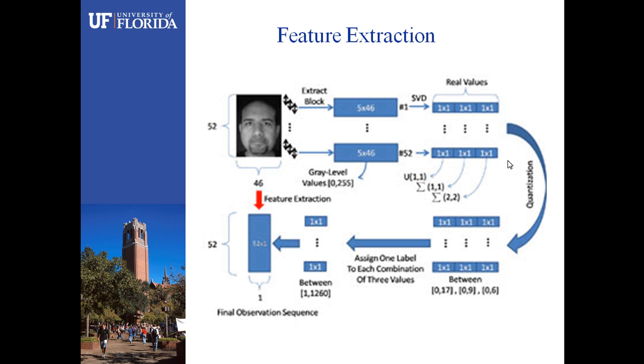Then we use some kind of algorithm to do the quantization. Then three values in a row are combined into one, and we give this combination a label. At last, we get the observation sequence, which can be used next.